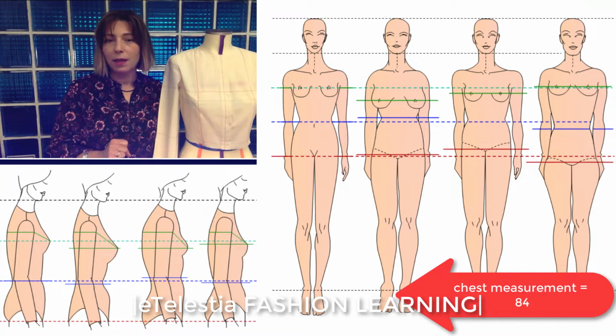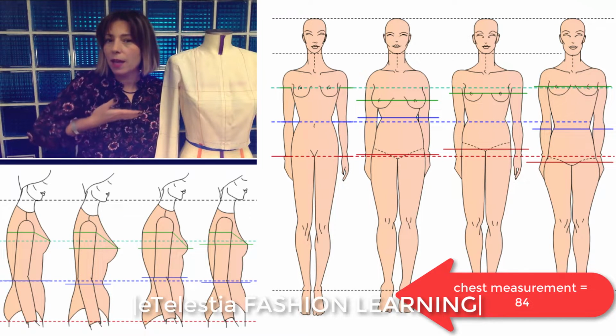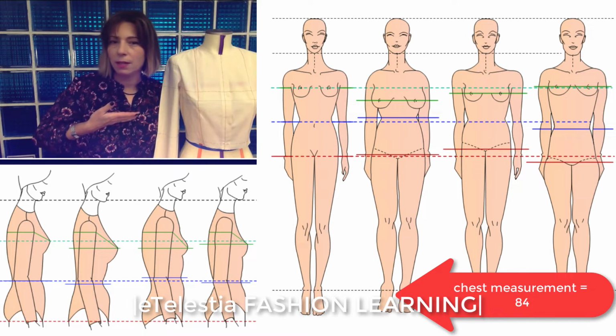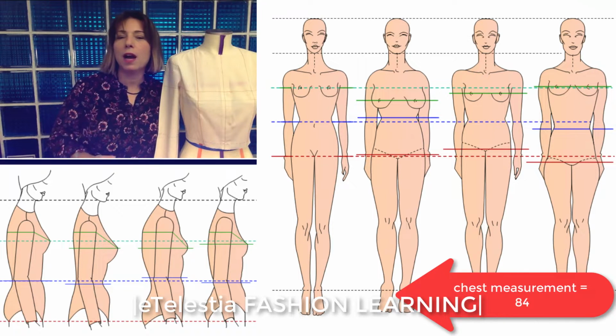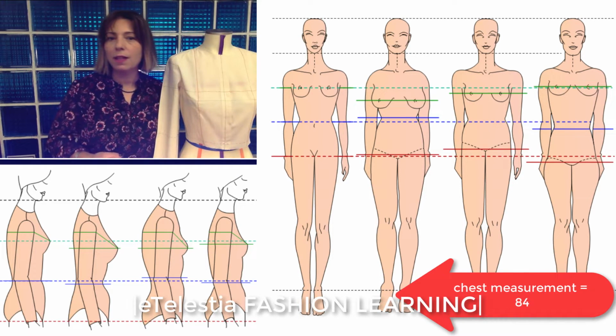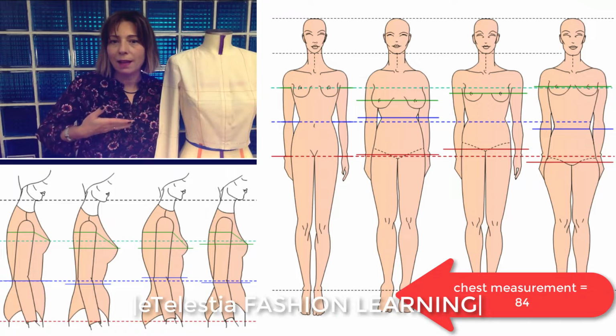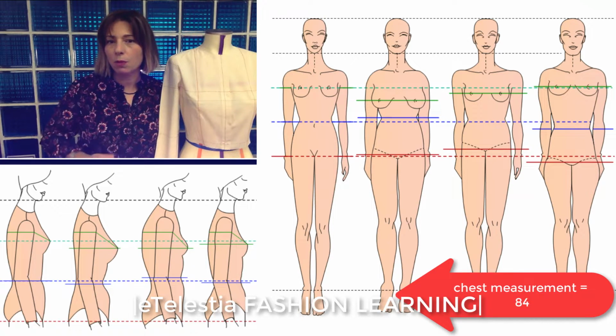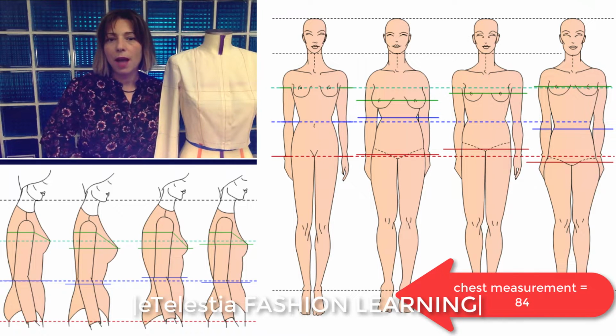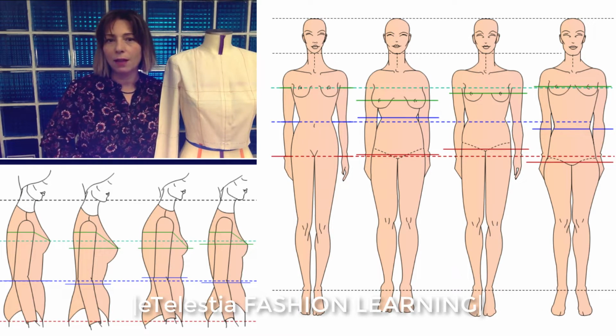But if you notice them closely, although they have the same chest measurement, which determines their size, notice how they differ. That is because the level, the length, the shape, and the measurement of the bust is different, and this affects the overall proportions of the body and creates a different figure altogether.